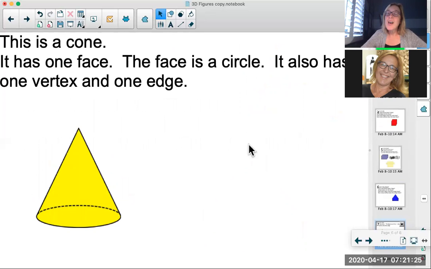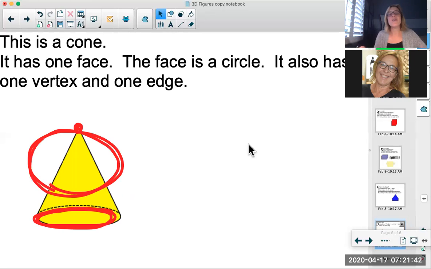We're not going to spend a lot of time on cones and cylinders and spheres, but they have a base that is a circle. You can see the circle base here, and then it comes up to a point, and that point is called a vertex. And all of this is just one edge, one face, the rounded part.